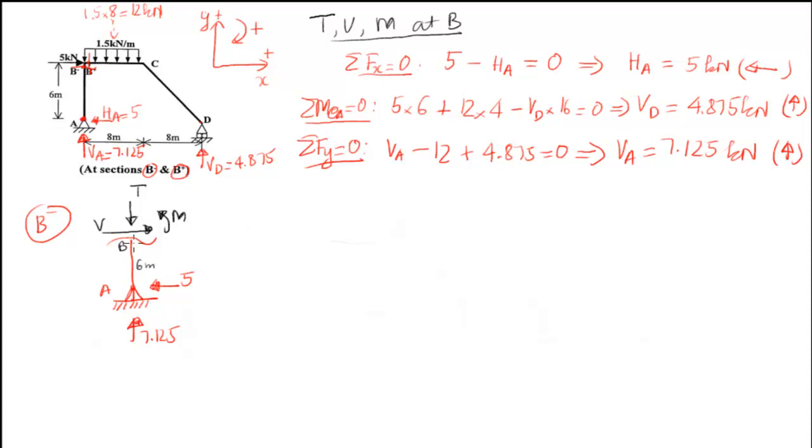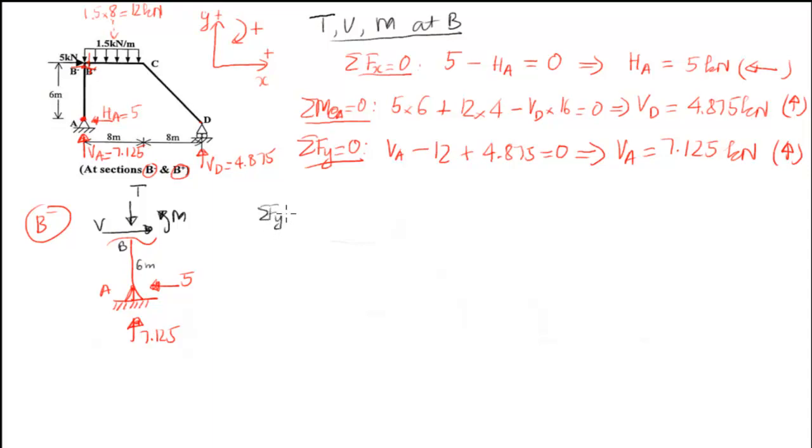So by taking sigma Fx, sigma moment, sigma Fy, you will be able to find these 3 unknowns easily. Now let me solve it for you. Now let's think about it. Now we got T and then this reaction in y direction, right? So I will take sigma Fy first.